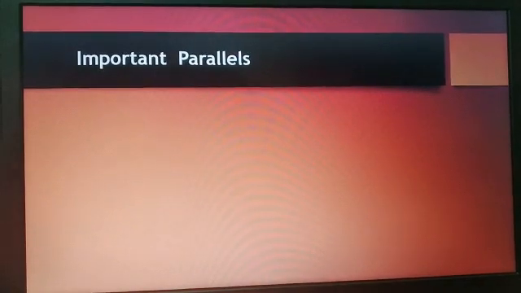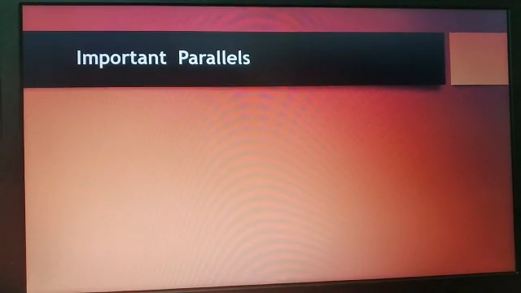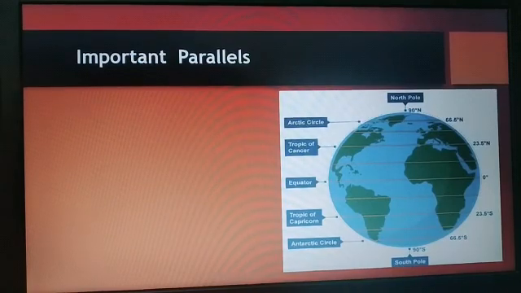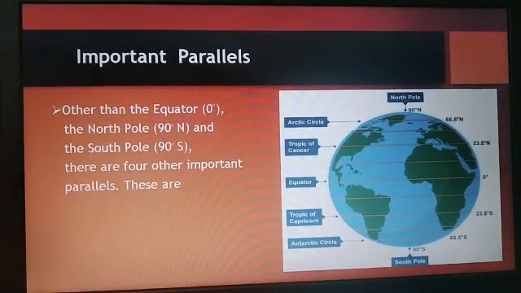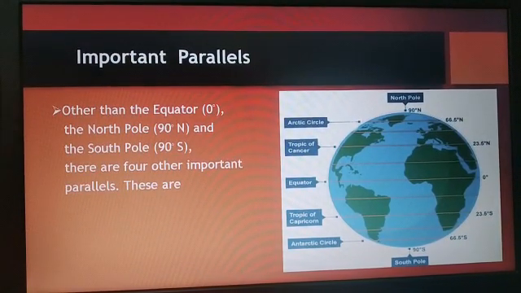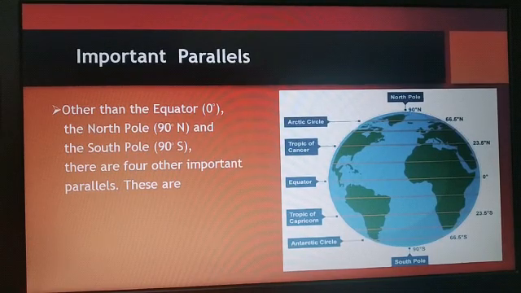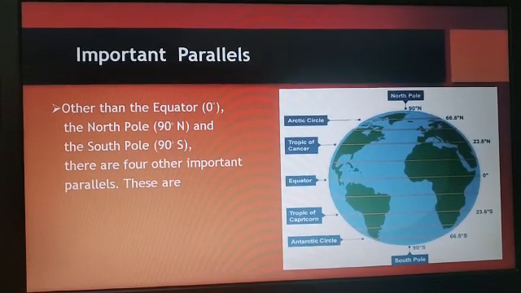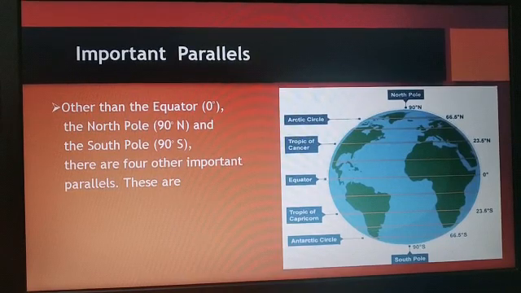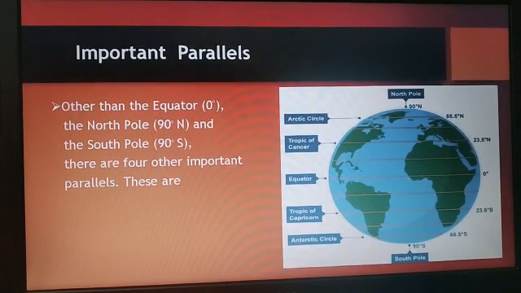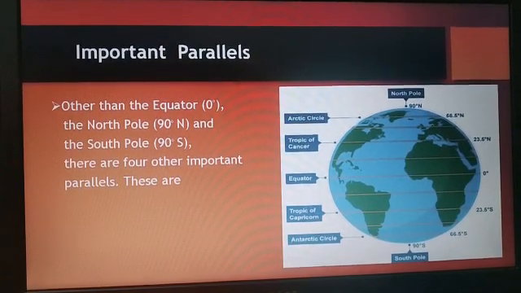Now the next is important parallels. See, in this diagram, other than the equator, that is 0 degree, the North Pole 90 degree north and the South Pole 90 degree south, there are 4 other important parallels.